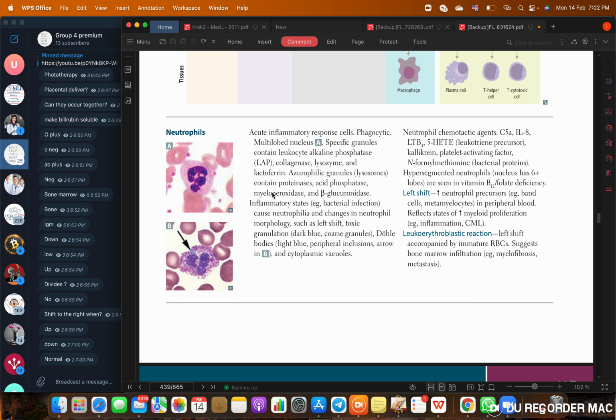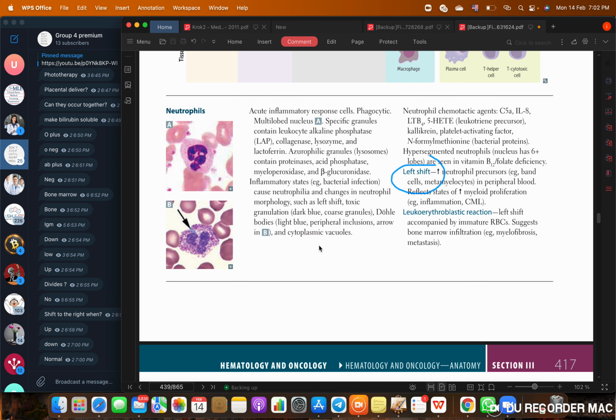Inflammatory states such as bacterial infection cause neutrophilia, which is an increased amount of neutrophils, and change in the neutrophil morphology, such as left shift. Left shift, I will explain in a second, but for what I said about it already, there will be more bands than mature neutrophils.